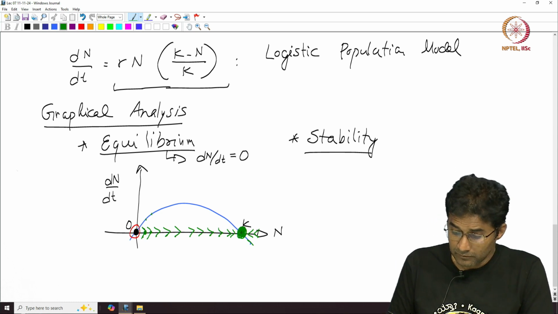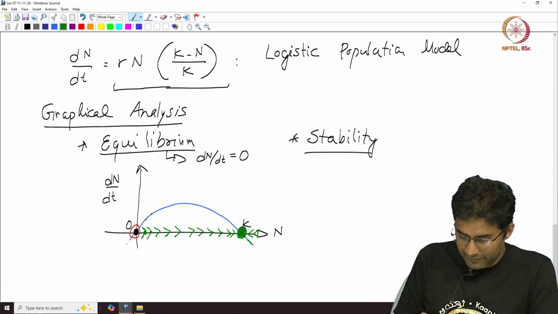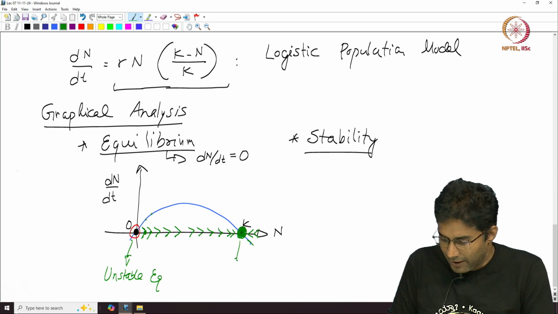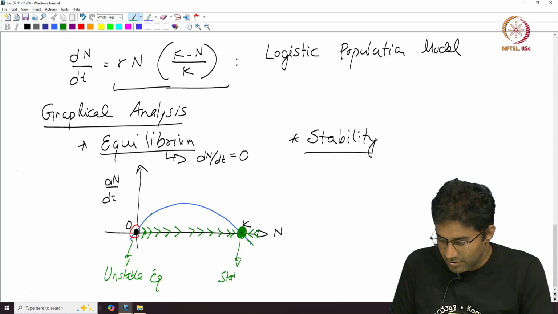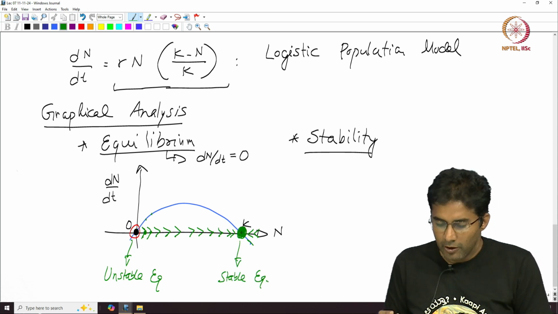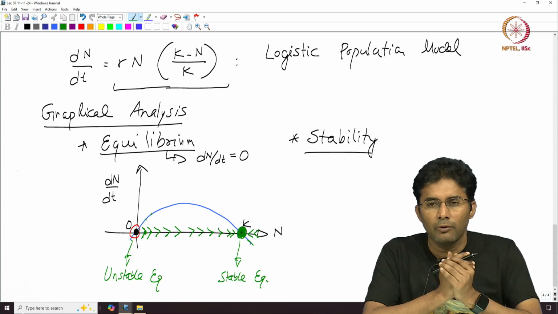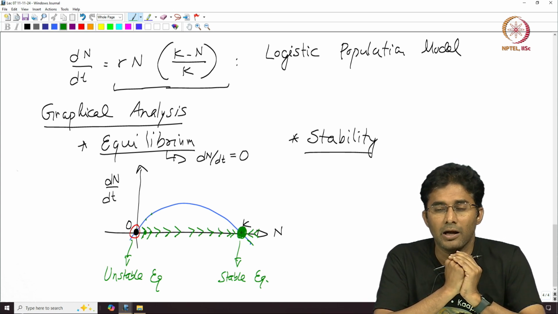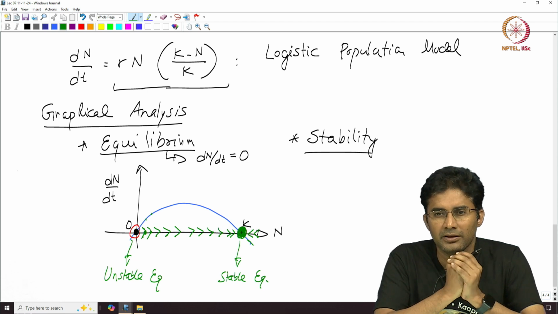So, this is an unstable equilibrium and this is a stable equilibrium.